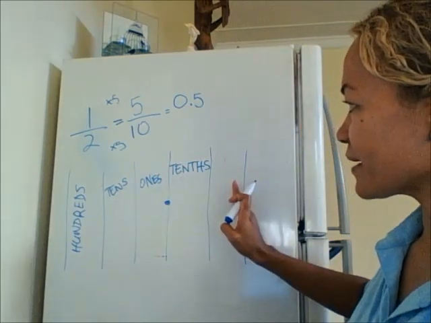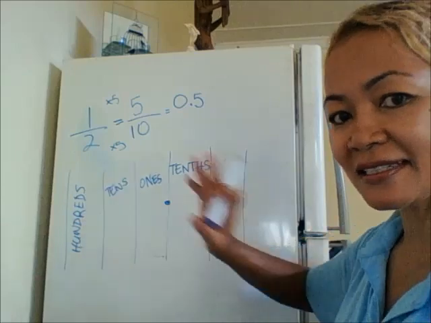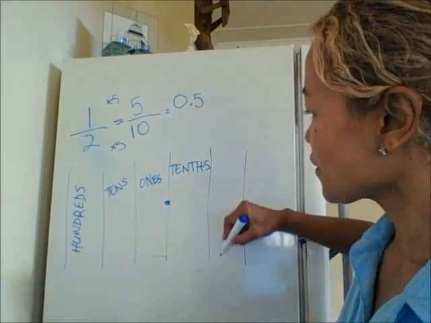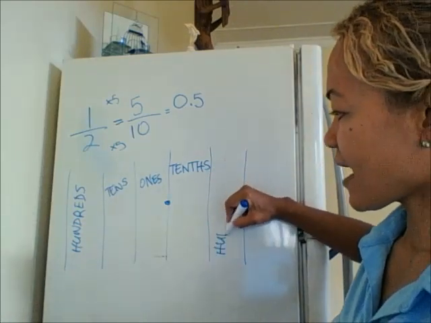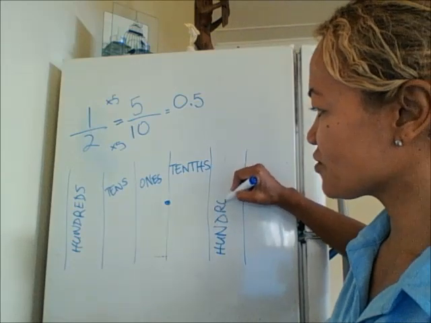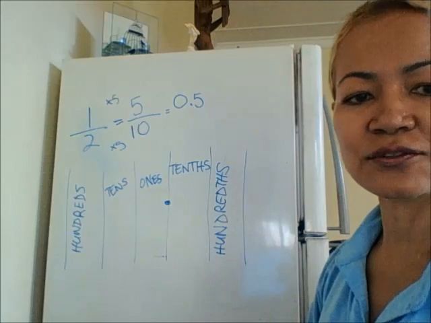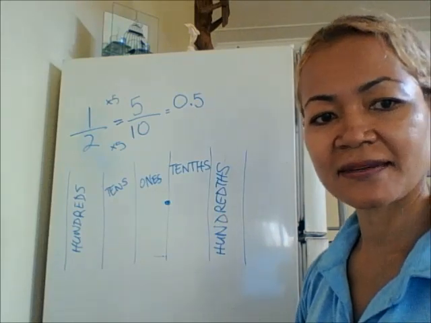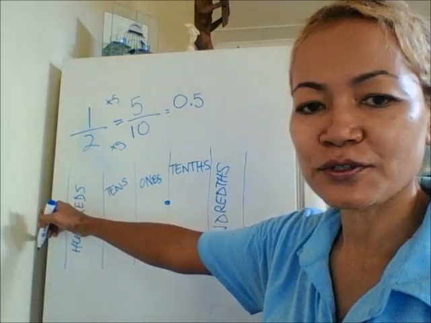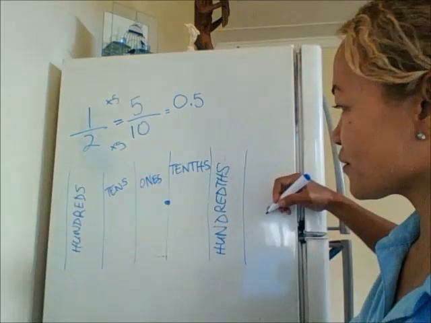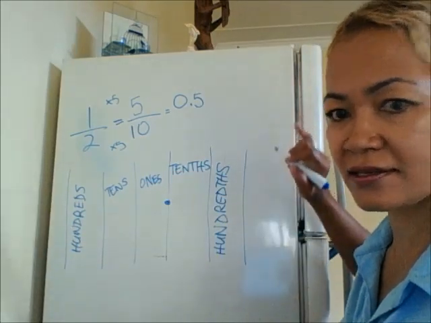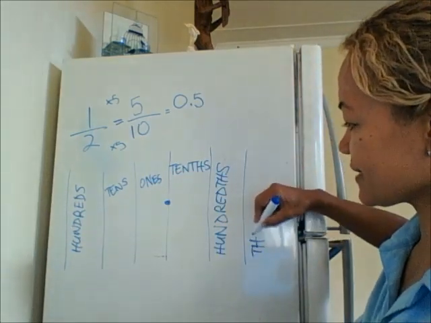And the next column after, similar to hundreds, except TH. Hundredths. So you whack the T and the H on the end. And after the hundredths, of course, you have thousandths. Let's just write it.